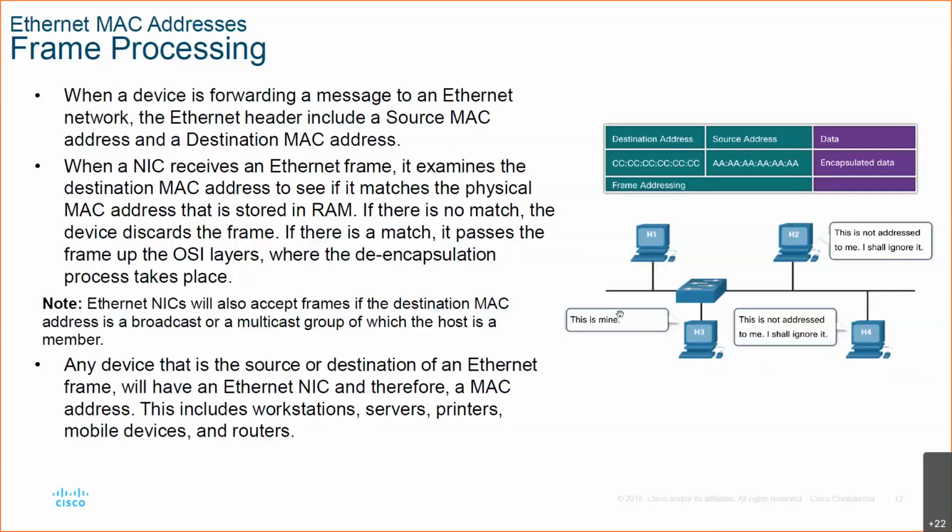Any device that is the source or destination of an Ethernet frame will have an Ethernet NIC and therefore a MAC address. So any device on the network, even IoT devices, all of them should have a MAC address.